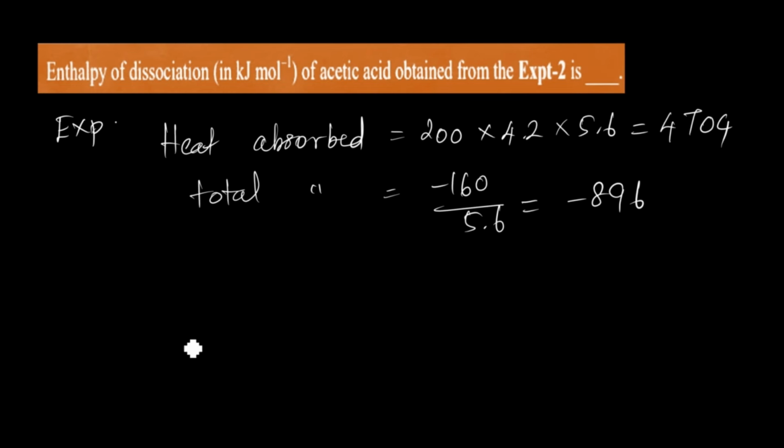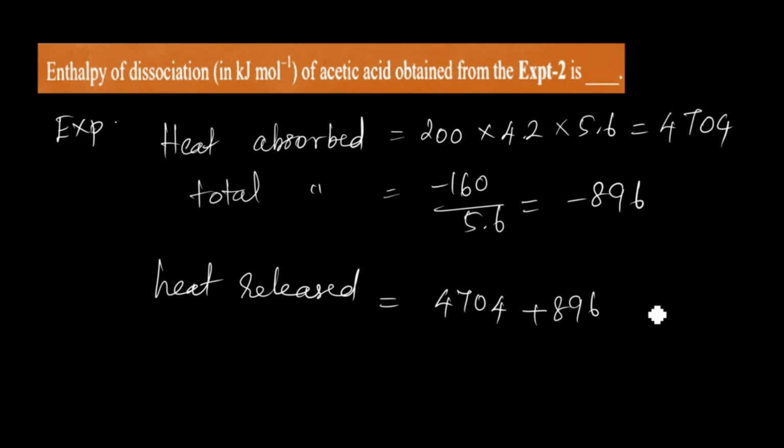So the total heat released will become 4704 plus 896, equal to 5600. We are given 57 kilojoules, which means 5700 joules.